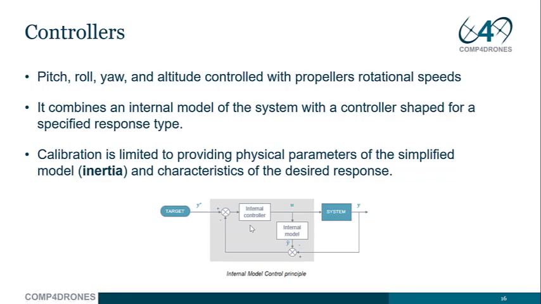It is particularly suitable for this kind of application because it combines an internal model of the system with a control shaped for a specific response type. Its calibration is quite easy because it's limited to providing some physical parameters of the simplified model, in particular the inertia on the different axes of rotation and the mass of the drone.